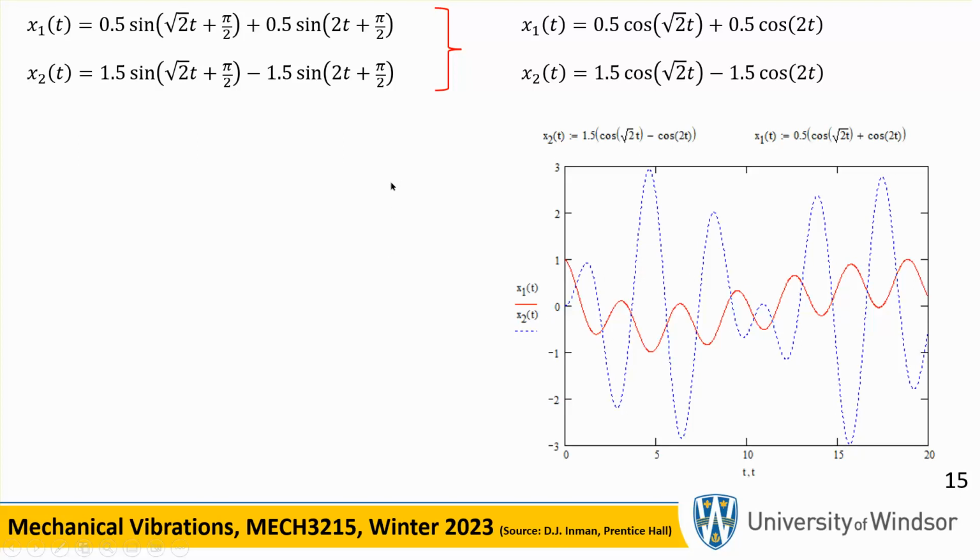You have to use matrices. If it's a 2 degree of freedom system, these are going to be 2 by 2 matrices. If it's a 3 degrees of freedom system, it's going to be 3 by 3 matrices. And of course, n degrees of freedom, n by n matrices.